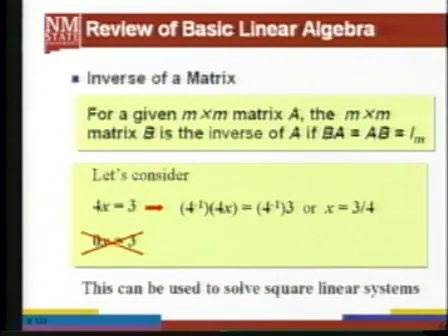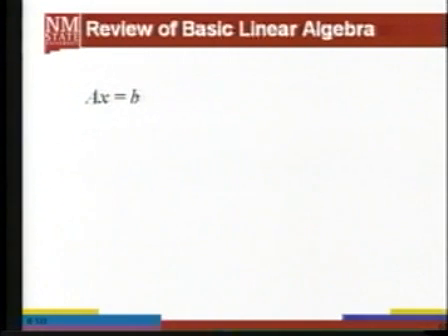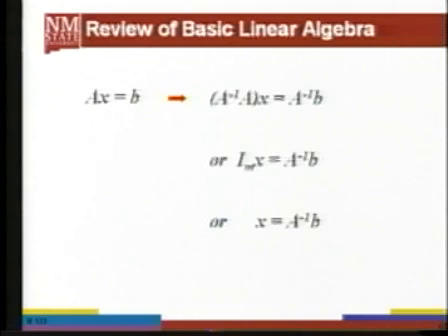And the generalization of this technique can be used to solve the square linear system, which means the number of equations equals the number of unknown variables, right? And to see why we are interested in the concept of a matrix inverse, suppose we want to solve a linear system AX equals B that has m equations and m unknown variables, okay? So suppose A inverse does exist.